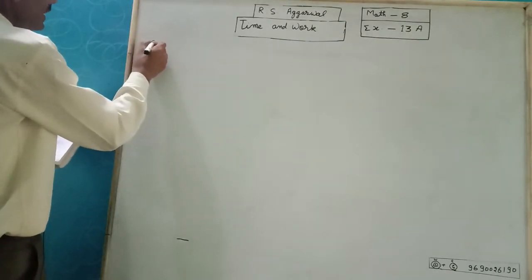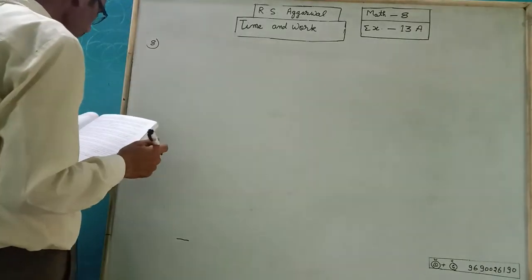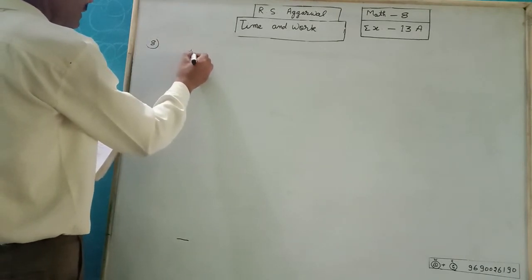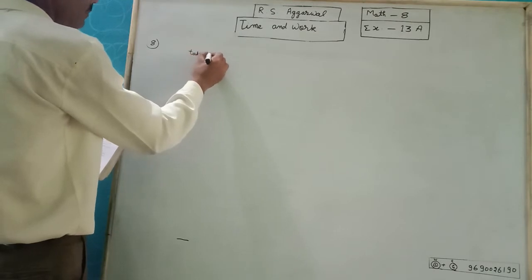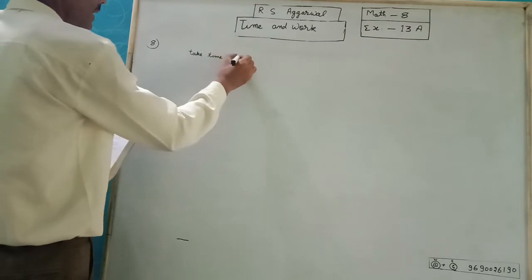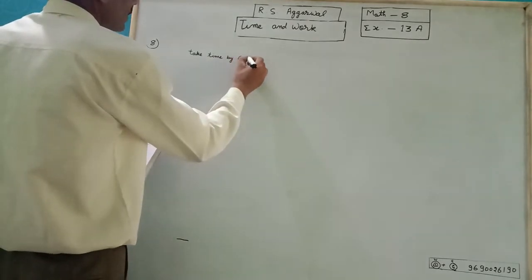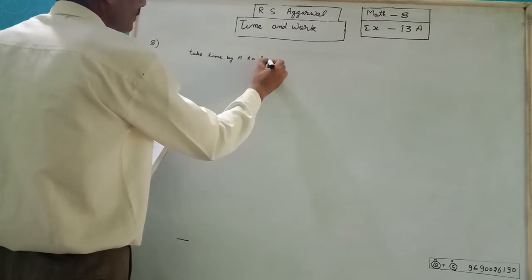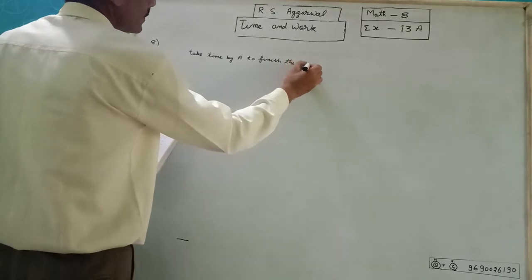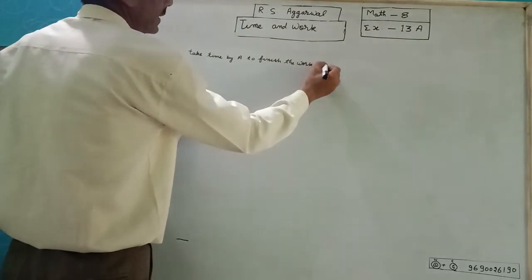Next question. A and B can finish a piece of work. So you write the time taken by A to finish the work is equal to 16 days.